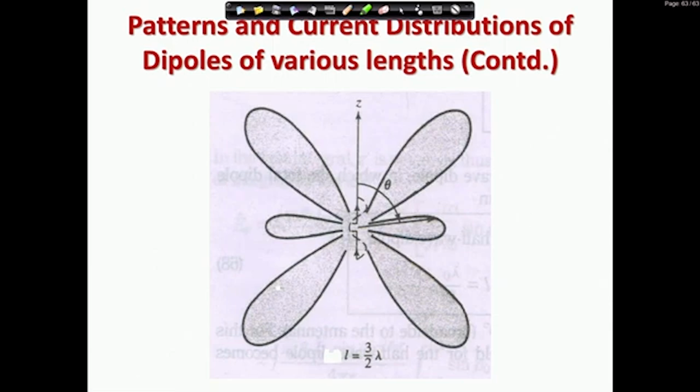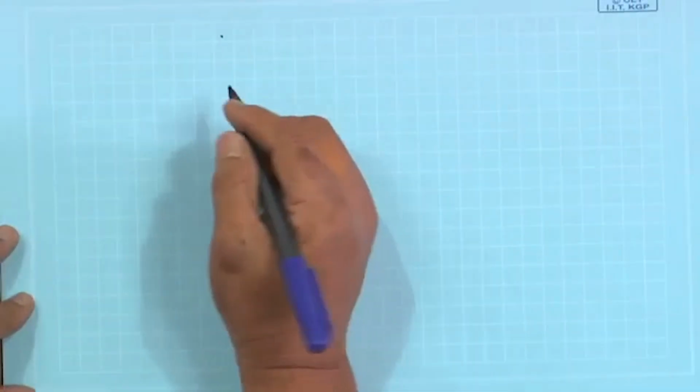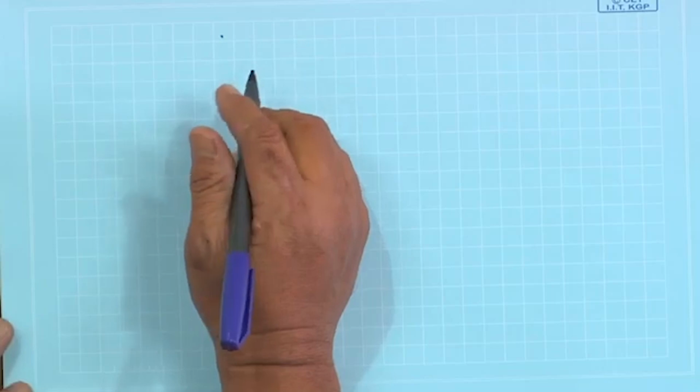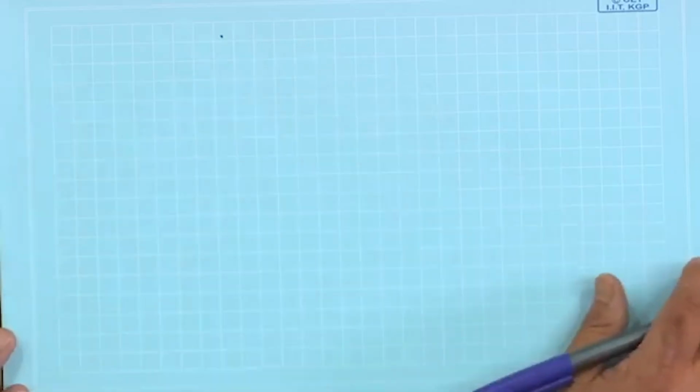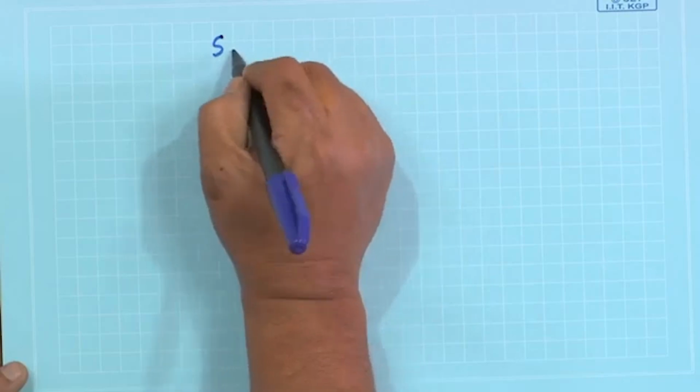Now, we will have to calculate the radiation resistance, because we said that a larger antenna will give us larger radiation resistance, and to find that we will first have to find how much power is getting radiated. So, what is the time average pointing vector?